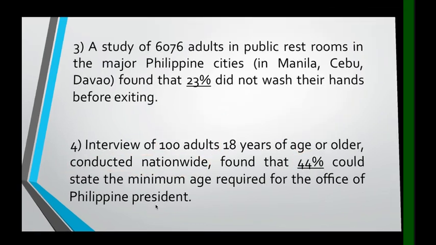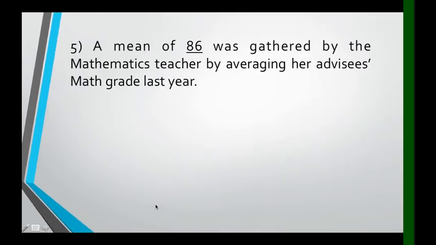Okay? Now, and finally, for number 5, a mean of 86 was gathered by the mathematics teacher by averaging the advisory class's math grade last year. So, this one, since we're talking about the average of the students last year, this one is a statistic.